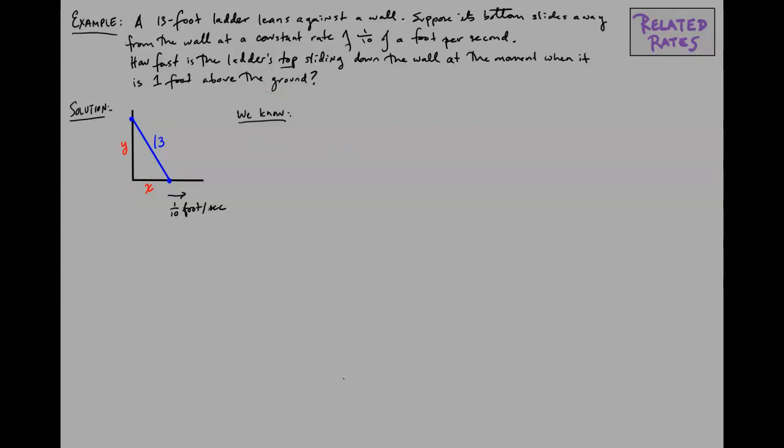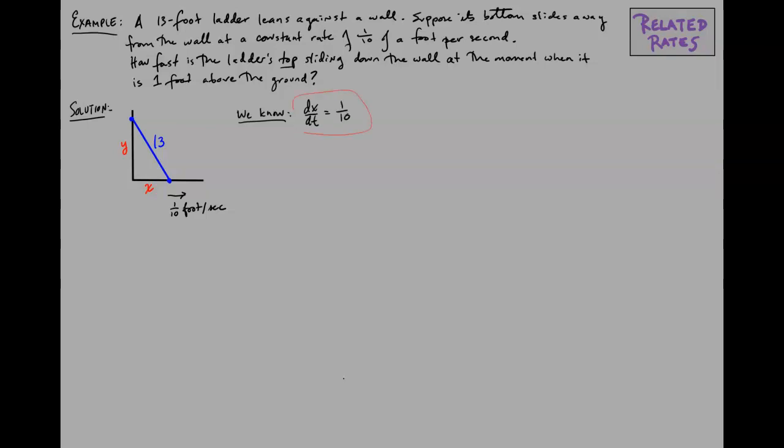Well, we know that since this point is moving at 1/10 of a foot per second, x is increasing at 1/10 of a foot per second. And if I want to say that x is increasing, how do I put that in terms of calculus? Well, it's a rate at which x is changing in time. Every second, it is increasing by 1/10 of a foot. So the rate of change of x with respect to time, that is dx/dt, we know is going to be 1/10.